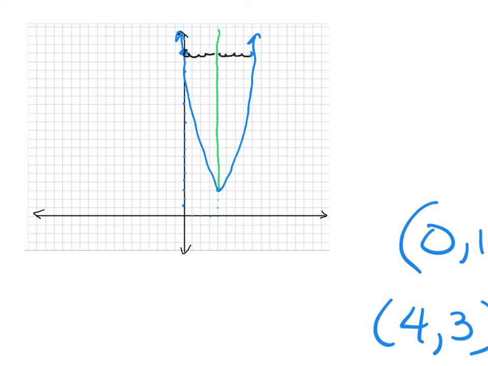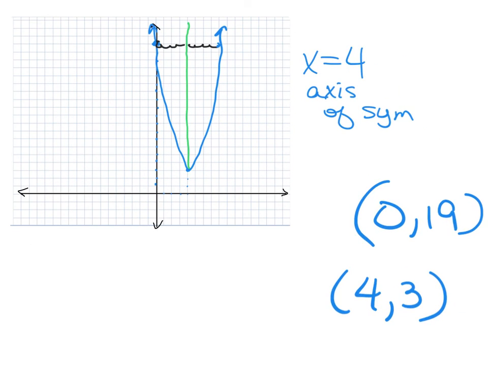Notice it does not touch the x-axis. This is why there were no x-intercepts. It's up above the x-axis. Your axis of symmetry, again, is the x of the vertex. Your y-intercept is this 0, 19. We found that by setting x equals 0.